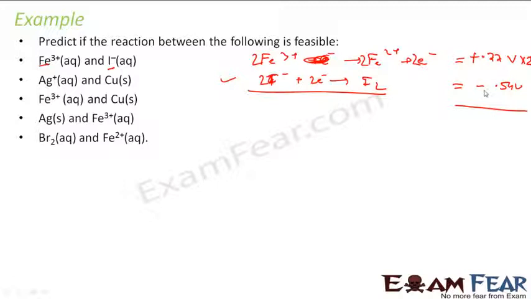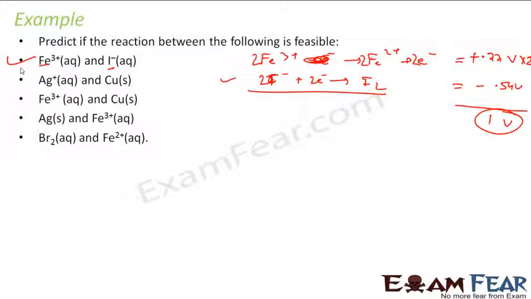Let's add now: 1.54 minus 0.54 comes out to be 1 volt. So it is positive, so it is feasible.